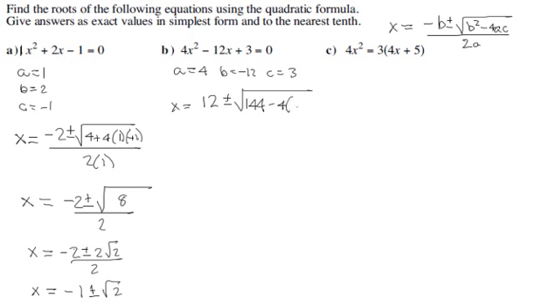Minus 4 times a times c, all over 2a is 8. So we have 12 plus or minus, okay, 4 times 4 is 16, times 3 is 48. 144 minus 48 is 96 over 8.